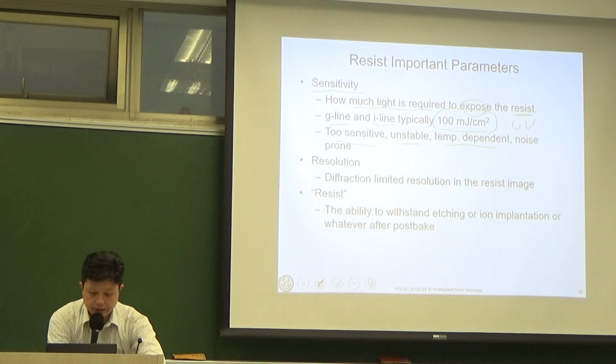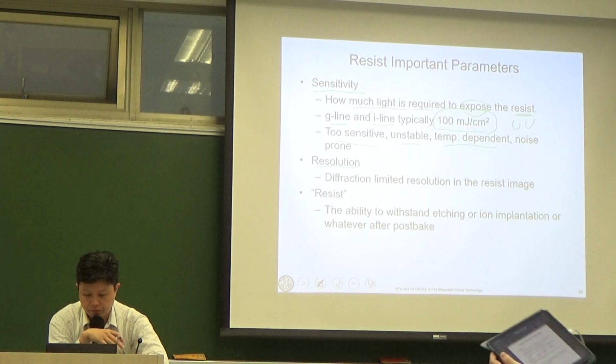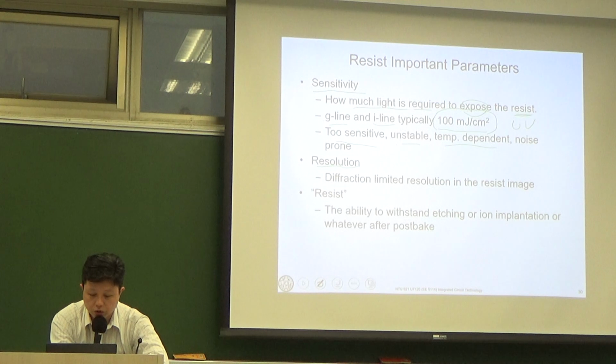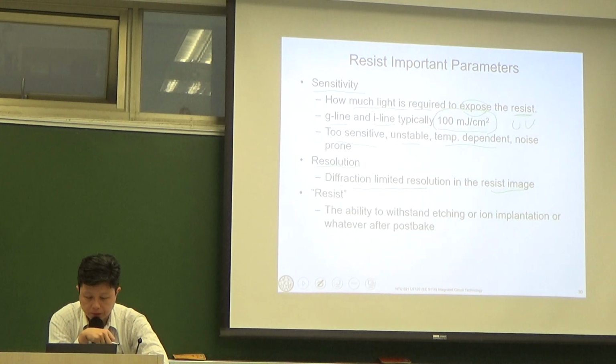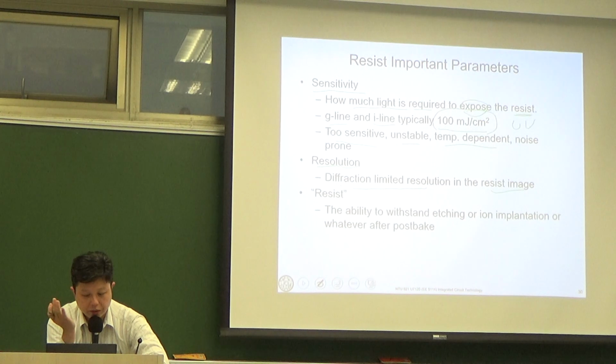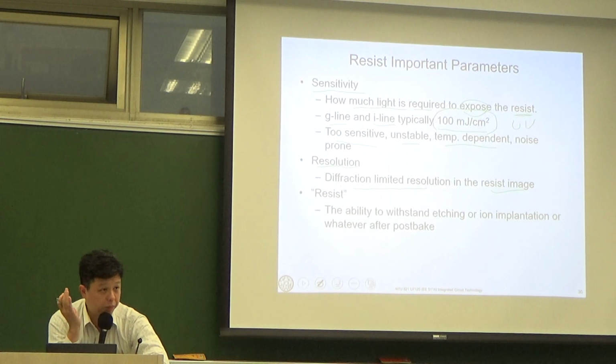Okay, and resolution is also very important. That all depends on the properties of your resist. We want this diffraction limited resolution in the resist image. The diffraction limited resolution means it had better be limited by your diffraction, not by your photoresist.